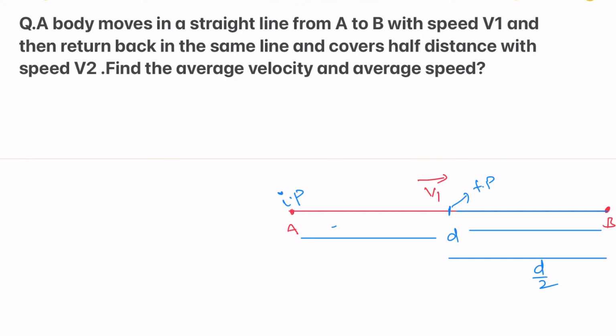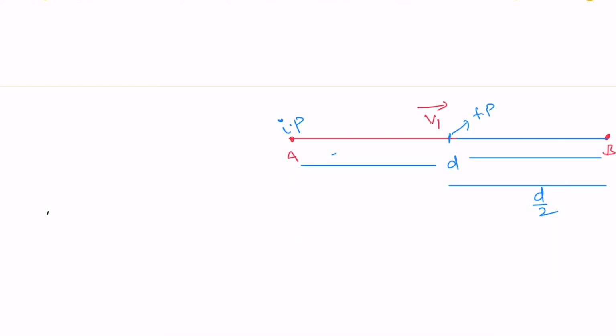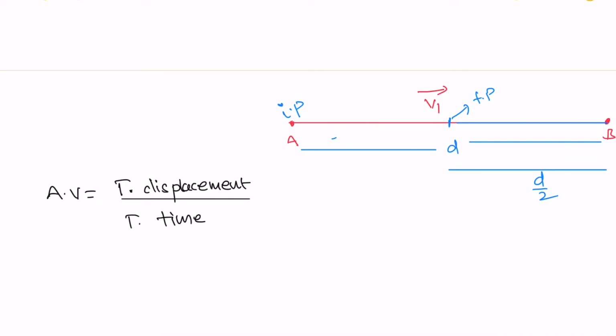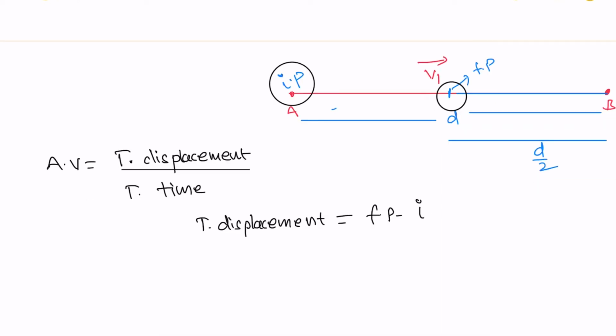The question is, what is the average velocity? Let's find the average velocity. The average velocity formula is total displacement by total time. This is the initial position and this is the final position. So the total displacement is final position minus initial position.